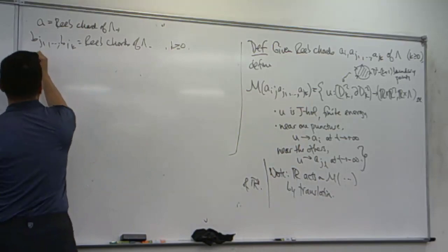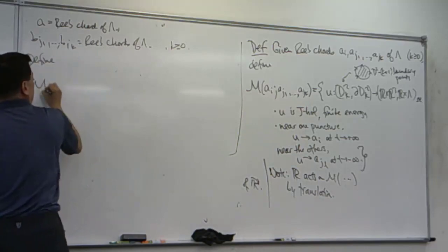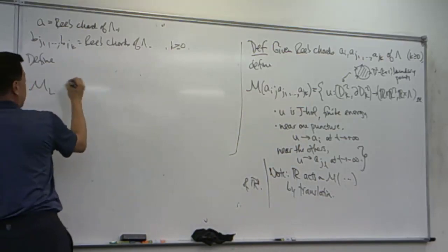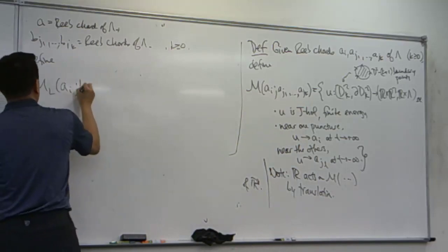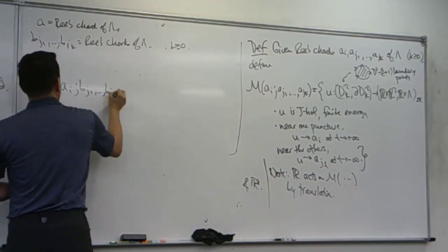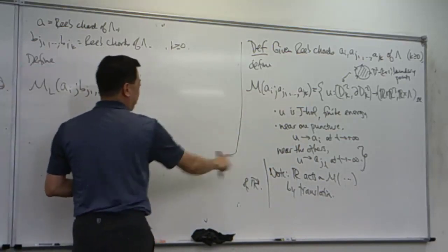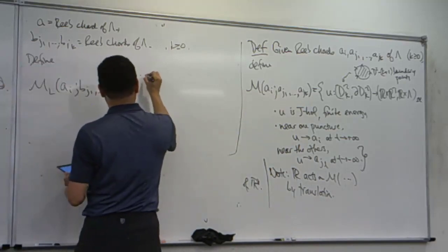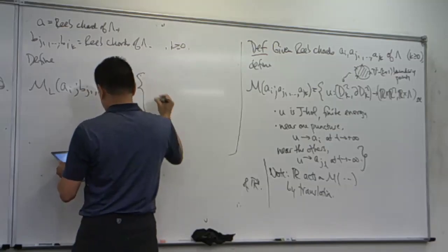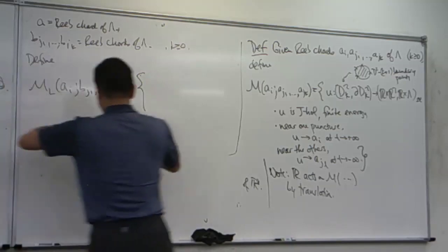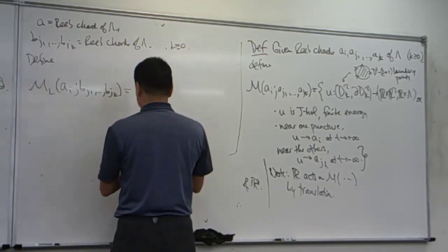So let's define, now I'll write it as M_L just to say that the Lagrangian cobordism is in there somewhere. And now I'm not going to write all this over again. I'm just going to draw a picture. The picture is a version of this, and it's actually the same picture.